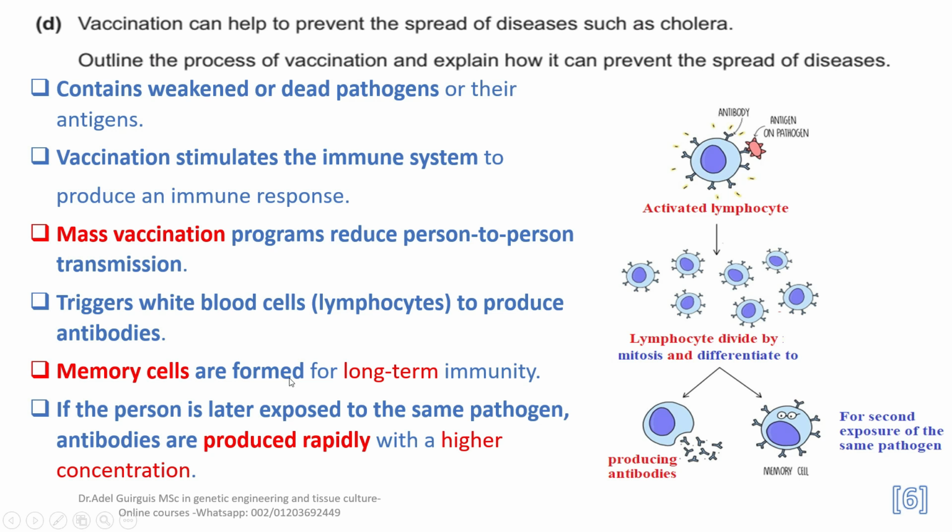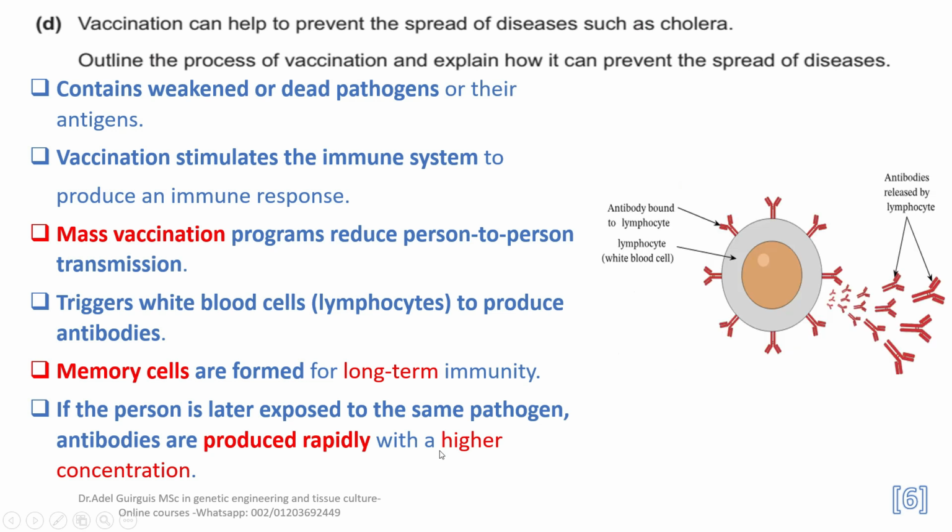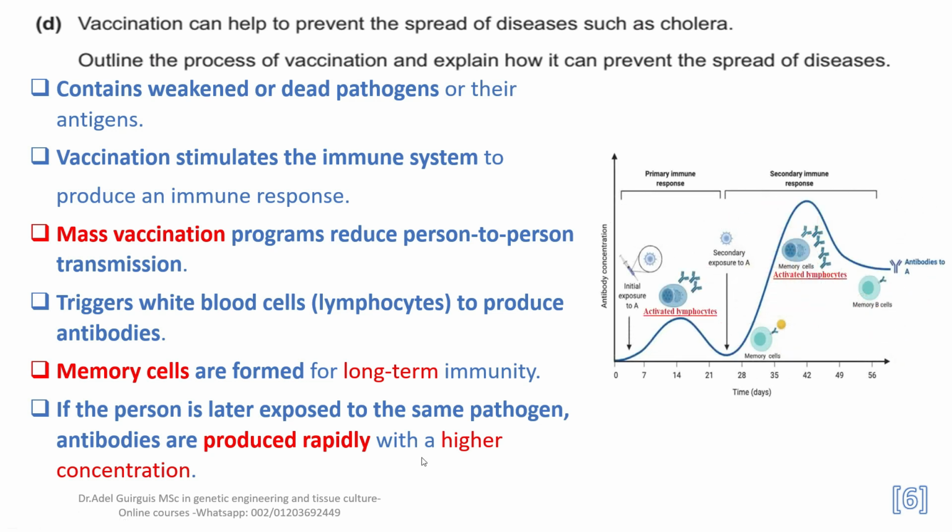Look, memory cells are formed for long-term immunity. If the person is later exposed to the same pathogen, antibodies are produced rapidly with higher concentration. Look, at first exposure, lymphocytes become activated and produce antibodies at a low concentration, like here, for the initial exposure due to vaccination.